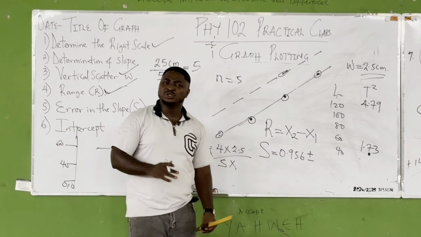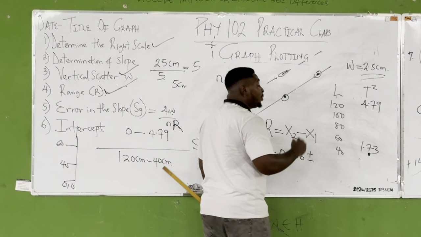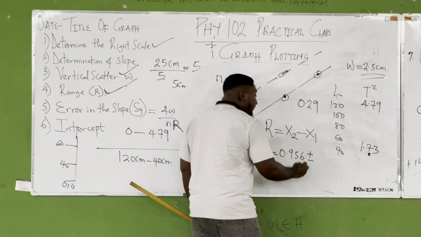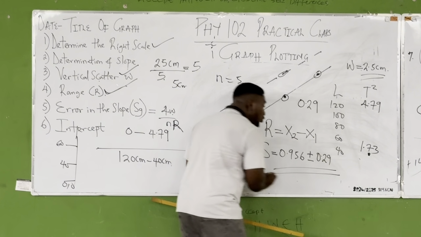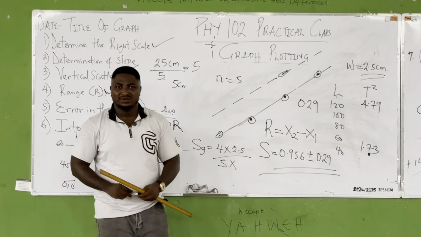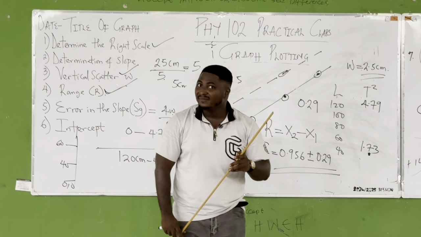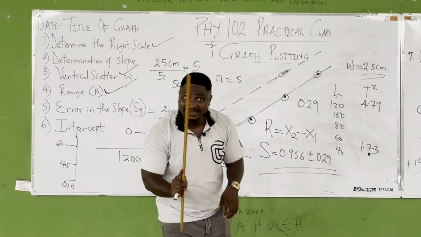This is how you fully report your physics practical. Let us say after doing the error in slope, you got 0.2. You now say 0.956 plus or minus 0.2. This is your full slope. To record your slope in your manual, to get your full mark, I'm telling you this now, you're going to write your slope plus or minus the error in the slope.